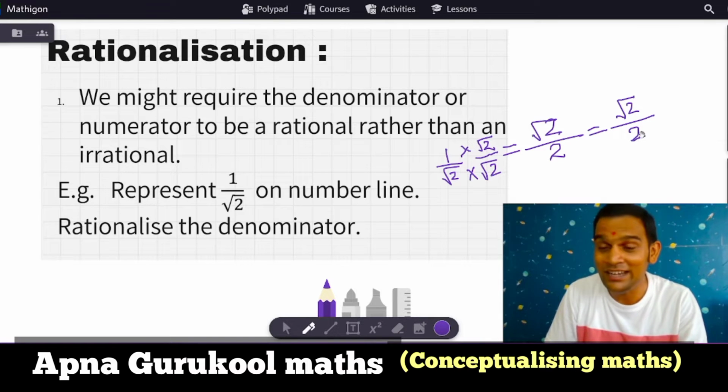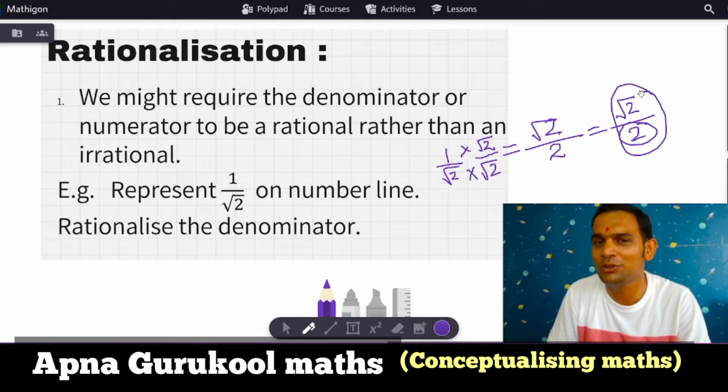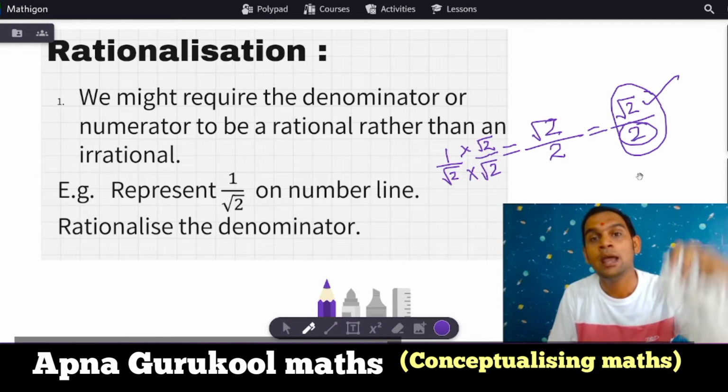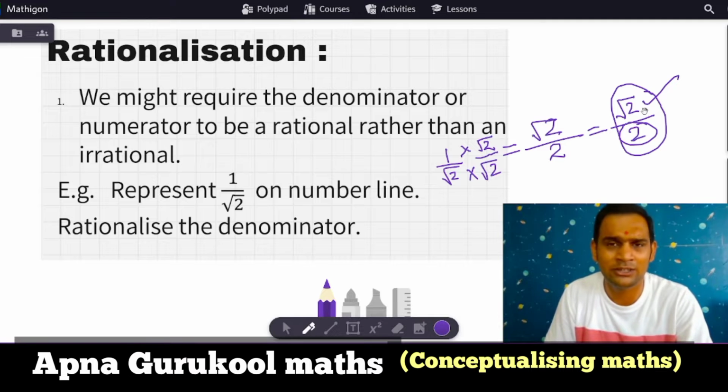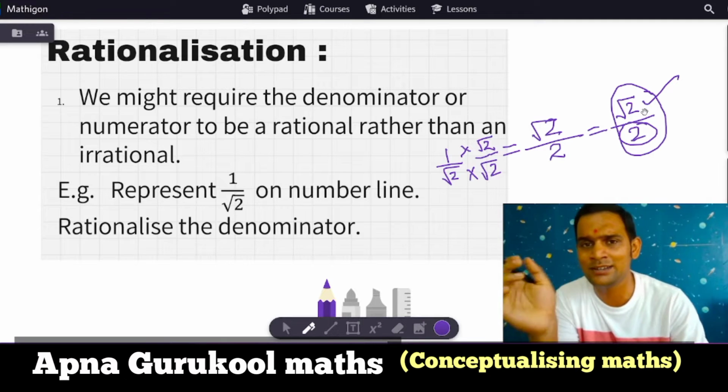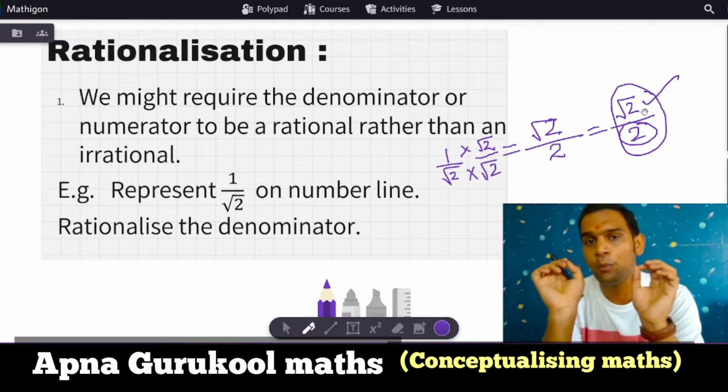Now you can very easily see 2 is a rational number. And if we have to plot root 2 by 2 on the number line, it becomes very easy, right? Plot root 2, plot half of that. Obviously we will learn in the coming video how we plot half of, or bisect, any line segment. When we mark root 2, it becomes a line segment from 0 to the root 2 point.